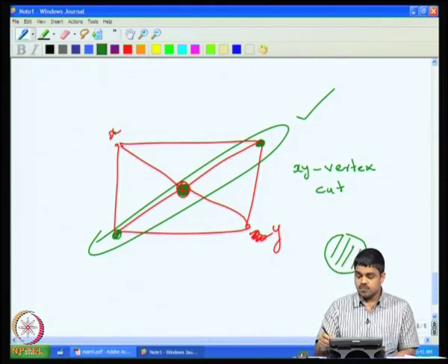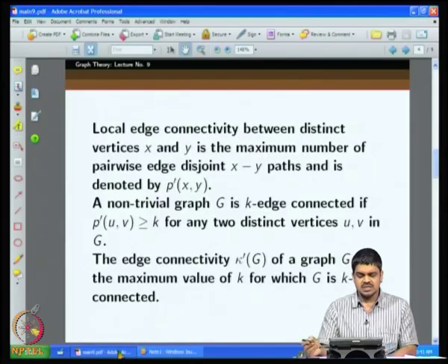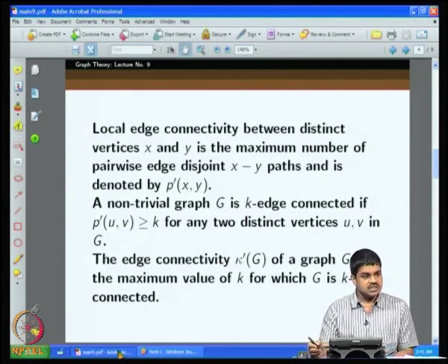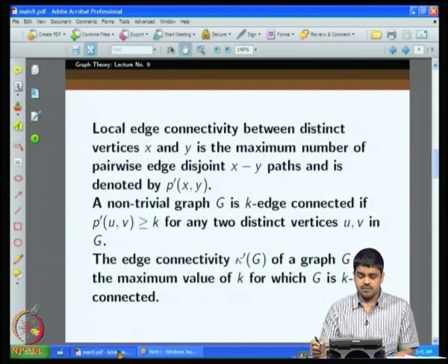Now, just before moving further, I will mention that there is something called edge connectivity also. Here it is very parallel. So, we can define edge connectivity in two different ways, like we did for vertex connectivity. One is by considering any two vertices x and y, and considering the number of pairwise edge disjoint xy paths.